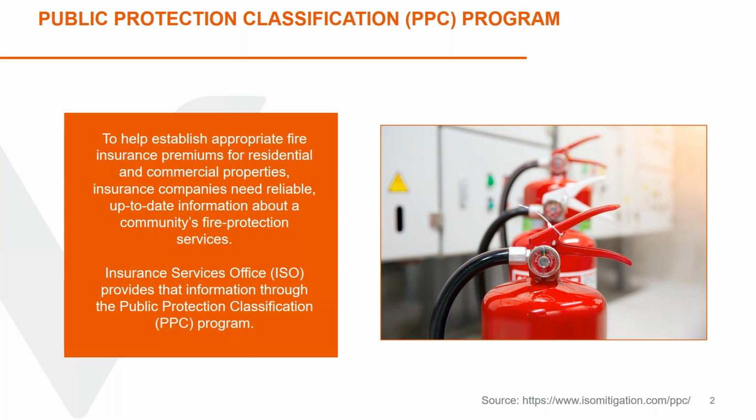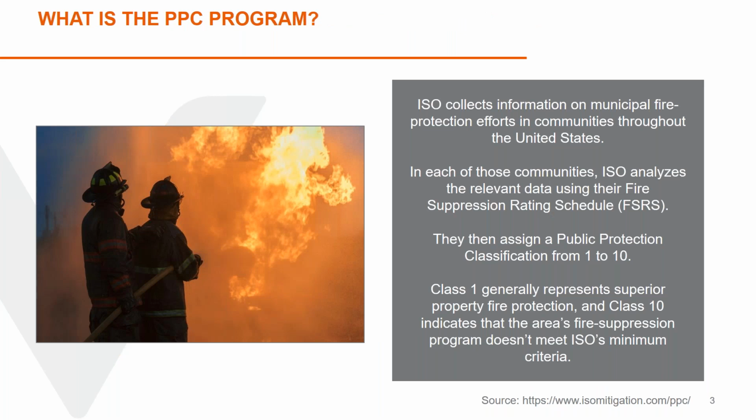Maybe the small town has done some work and it is protected, so it can lead to development. So it's very important. This is controlled by the Insurance Services Office, and like I said, it's one of their main functions.